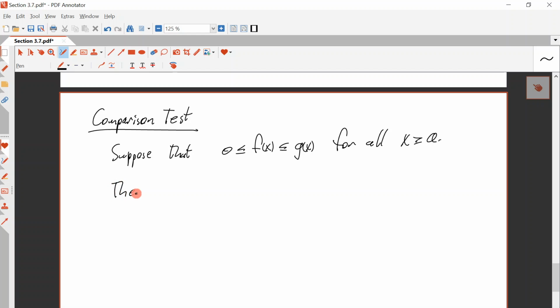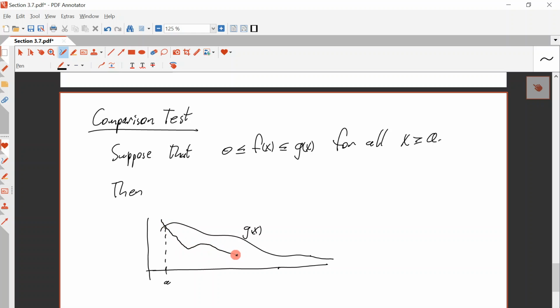Then you get this picture. So here's a, and there's g of x, and then f of x is somehow below it. You might touch it from time to time, but it's below it. And it's bigger than 0. Okay, so that's f of x.